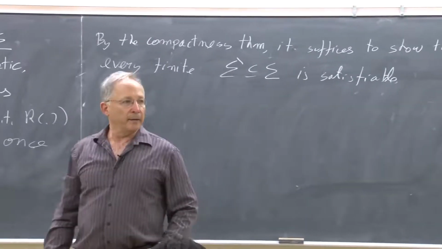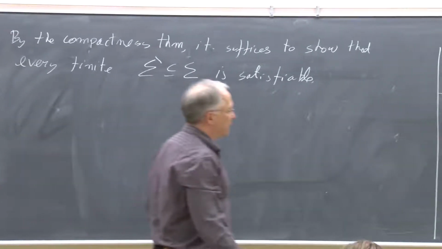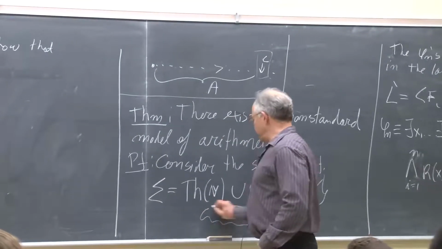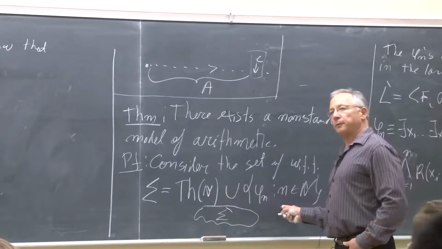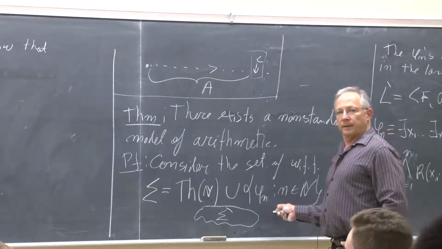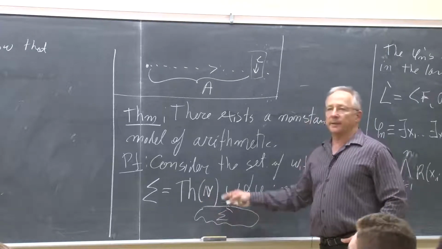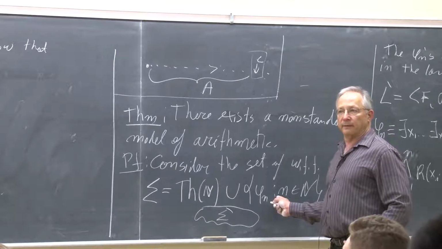Now, what do I know about a finite subset of sigma? So I have here a sigma prime that is just a finite subset. It takes some formulas from here and it takes some formulas from here. So I want to find a structure that satisfies all the formulas that came from the left-hand side, plus all the formulas that came from the right-hand side.